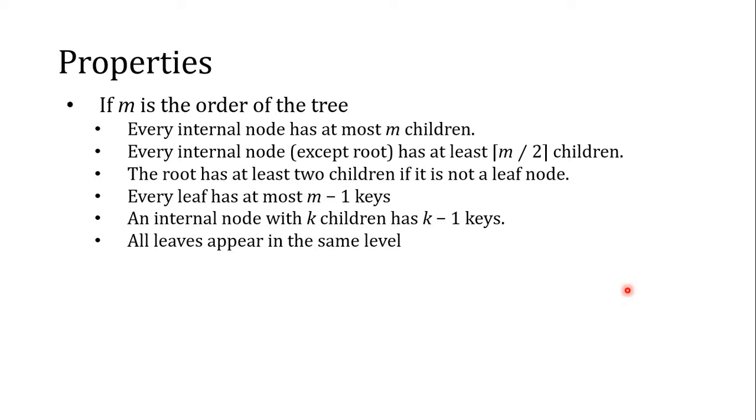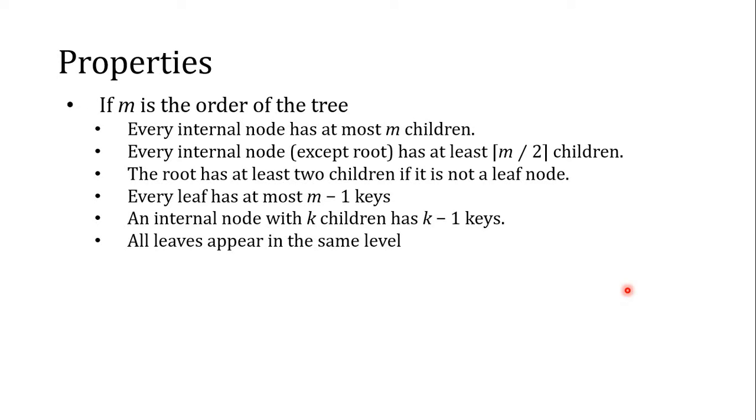Every leaf has at most m-1 keys, that is the rule of B tree. An internal node with k children has k-1 keys. All leaves appear in the same level.